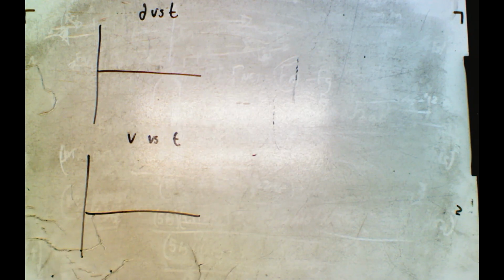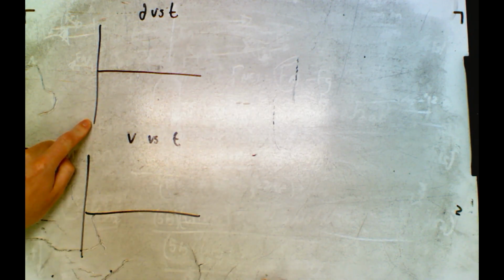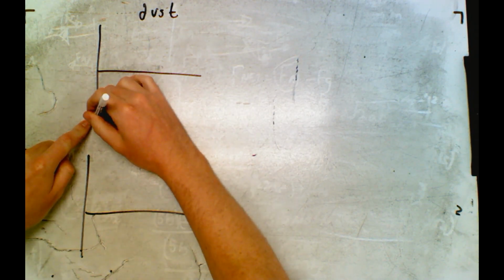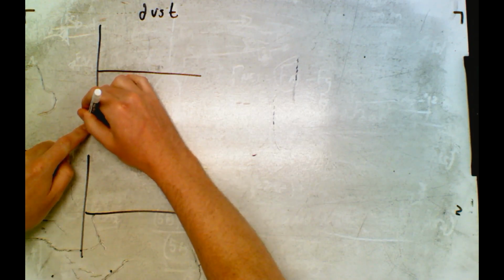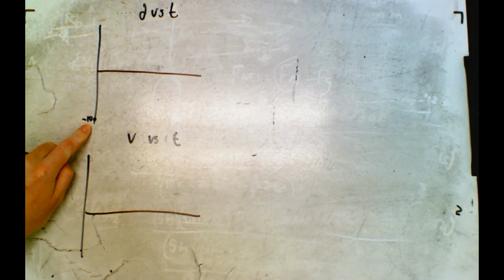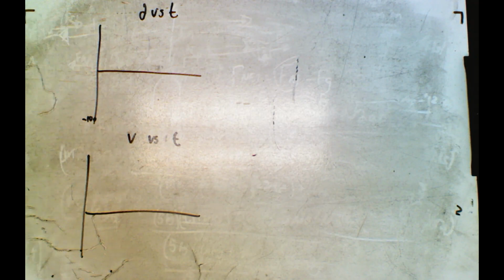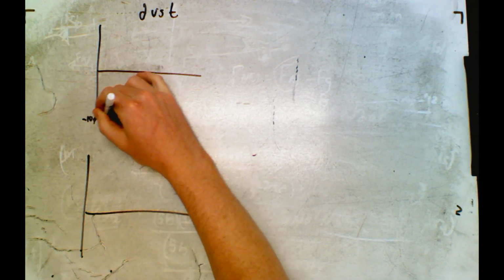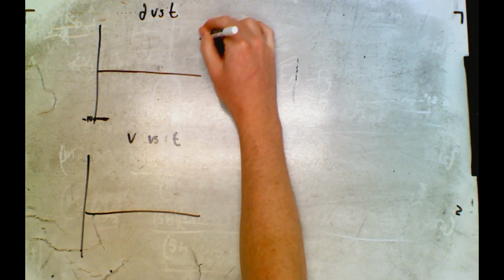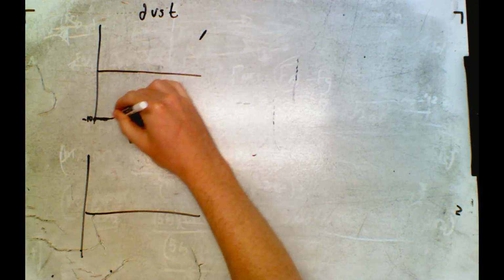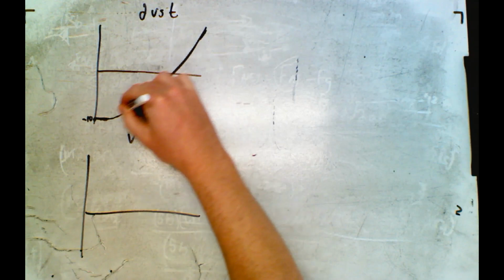My y value for a d versus t graph is where he starts, and he starts off at -10 here. That's his position, right? His position is -10. And the whole time he speeds up. So he starts off with no speed, and we want him to be going steep. So we just have to connect that line with a curve. And this is what my d versus t graph would look like.